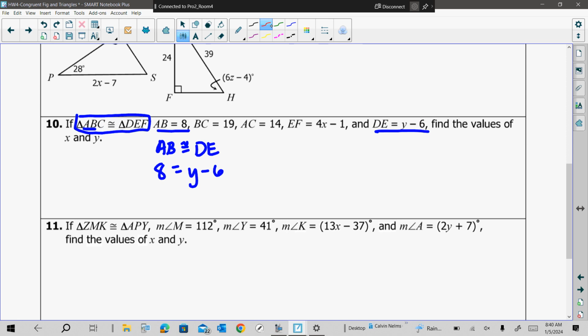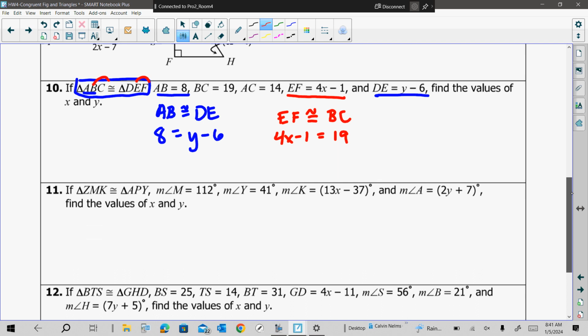Now to get to the x, which was the EF, EF is middle and last. EF is corresponding and congruent to BC. So my 4x minus y equals 19. So if you use a congruency statement, you can set it up. If not, you can draw a picture to help.